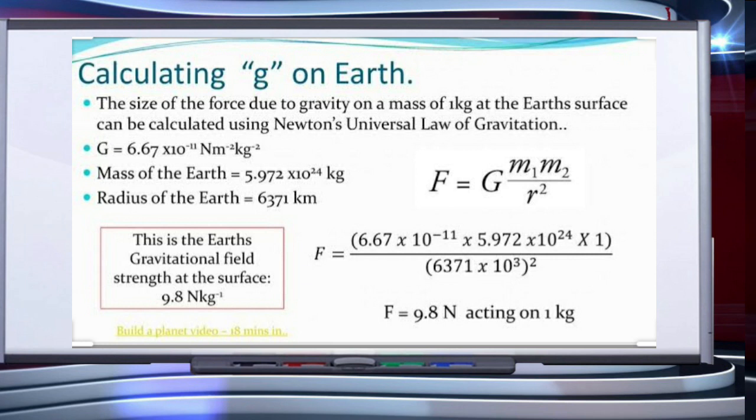And the value of the gravitational constant is fixed, that is 6.7 into 10 to the power minus 11 newton meter square per kilogram square. On substituting these values in the equation, we get 9.81 meter per second square, or we can write 9.8 meter per second square. This is the value of acceleration due to gravity of the earth.